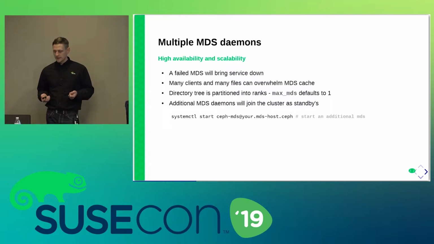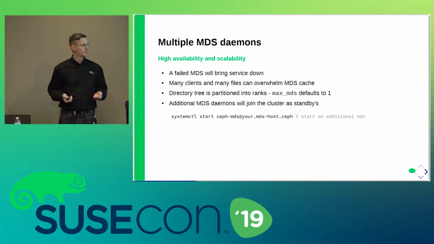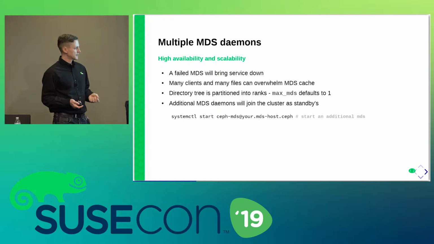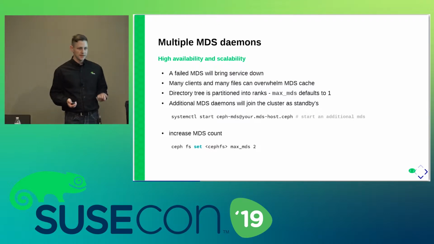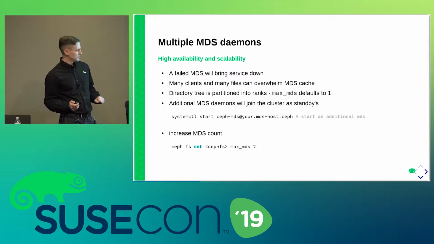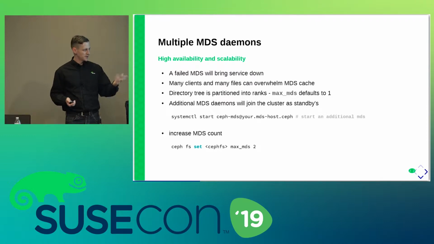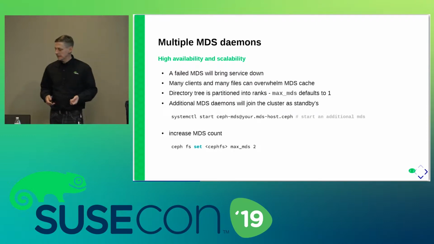So this covers the high availability issue, but we also want to be scalable. So for a given CephFS instance, you can set an option called max_mds. If you want multiple active MDS daemons, you simply set this option on your CephFS instance, with, you know, the name cephfs being quite common.